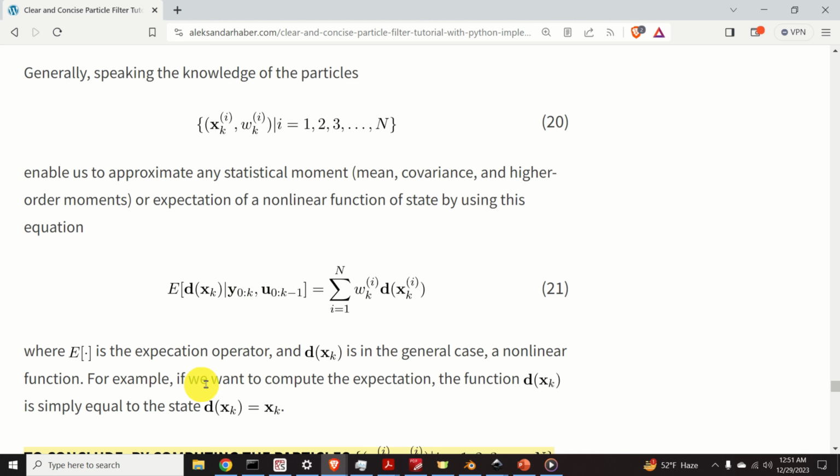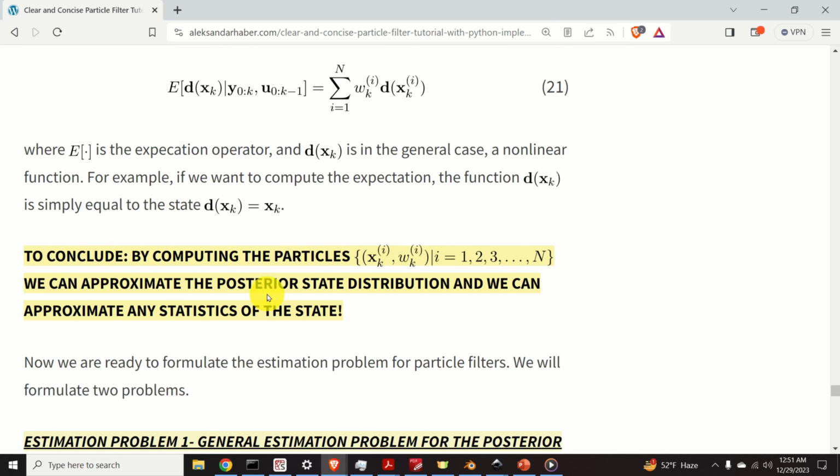For example, if we want to compute the expectation, the function d of xk is simply equal to xk. To conclude, by computing the particles represented by this set, we can approximate the posterior state distribution and we can approximate any statistics of the state.